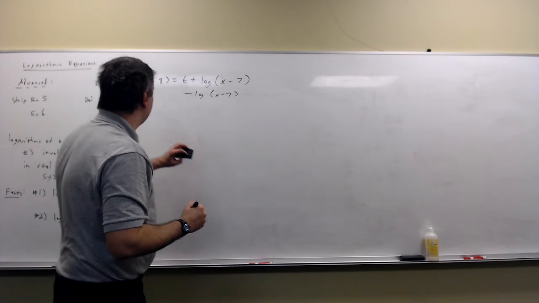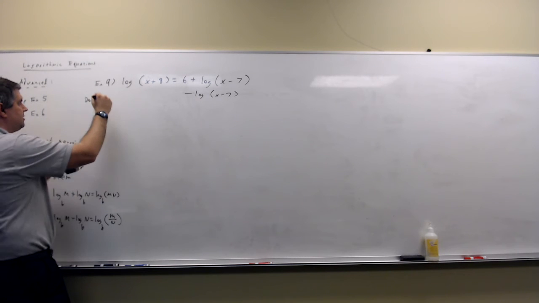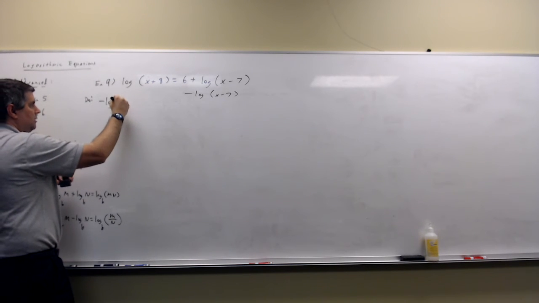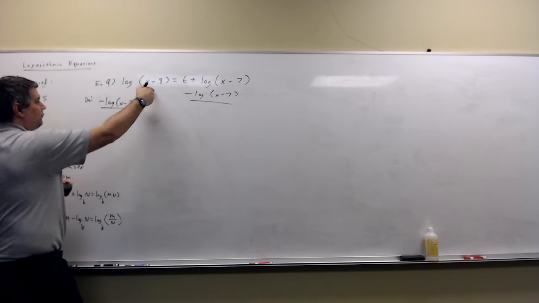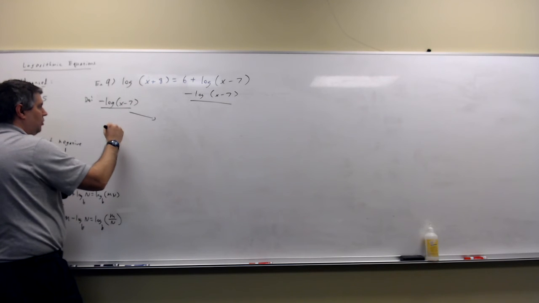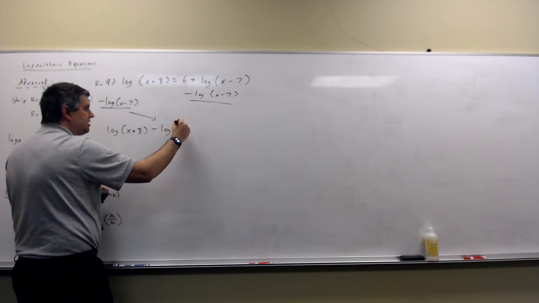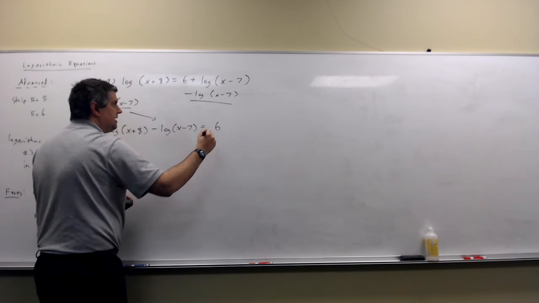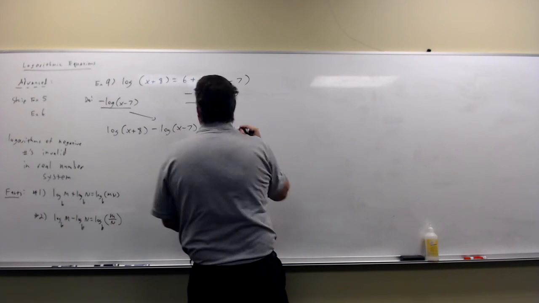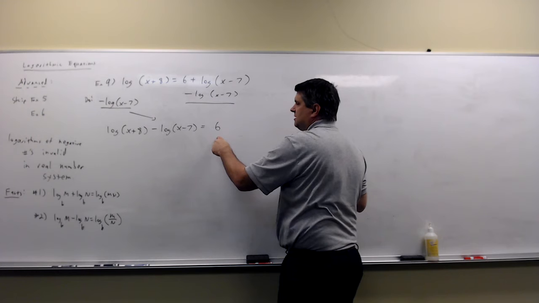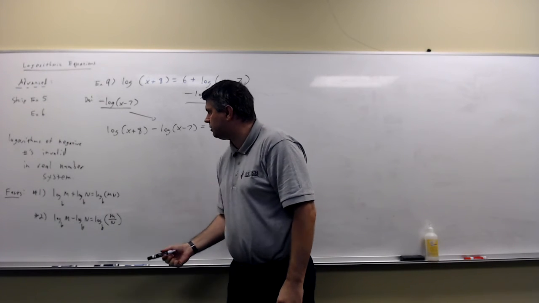So I'll subtract it off the right side, and that's a minus. I'll go ahead and subtract this one from the other log. So we'll have log of x plus 8 minus log of x minus 7 equals 6. The 6 stays.